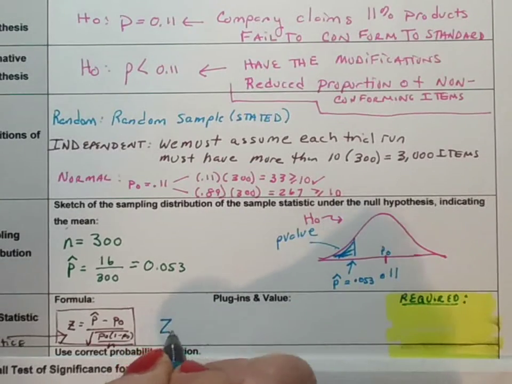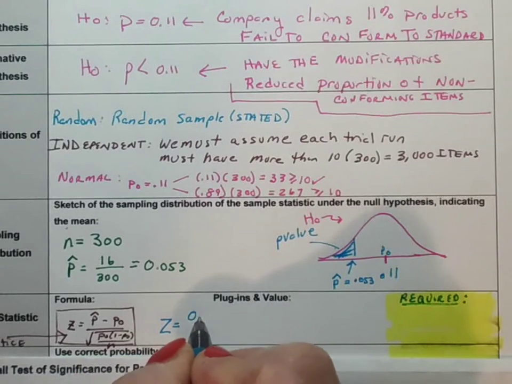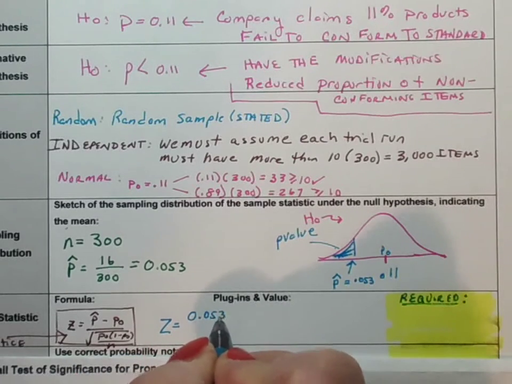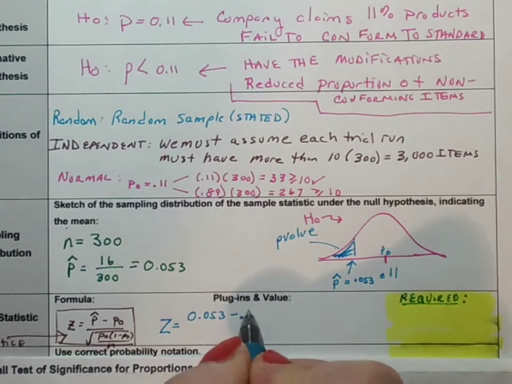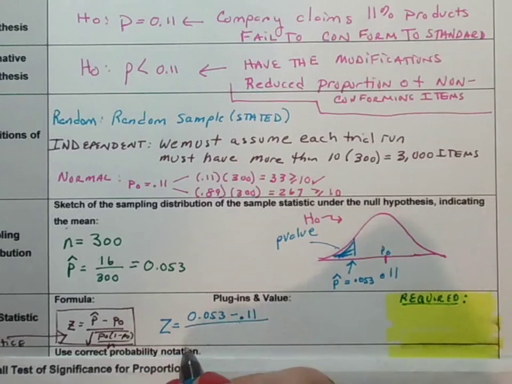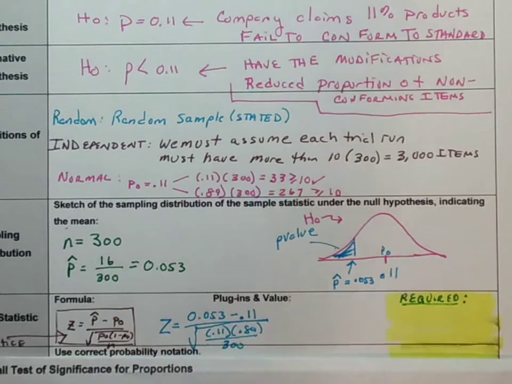So we fill this in. Our p hat is 0.053 minus p naught, which is 0.11, divided by the square root of 0.11 times 0.89 divided by 300.